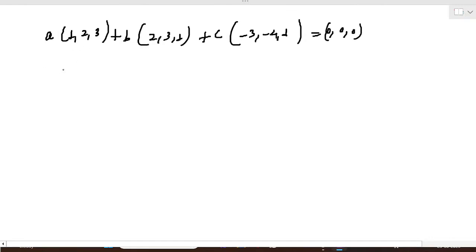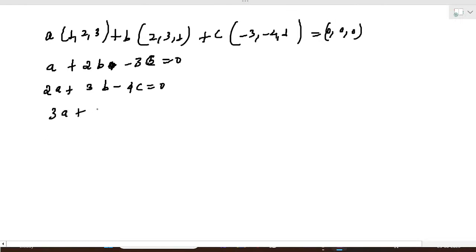Okay, now if this is the case, then I'll get a plus 2b minus 3c equal to 0. The other one would be 2a plus 3b minus 4c equal to 0, and then I can write 3a plus b plus c equal to 0. Try to do this.